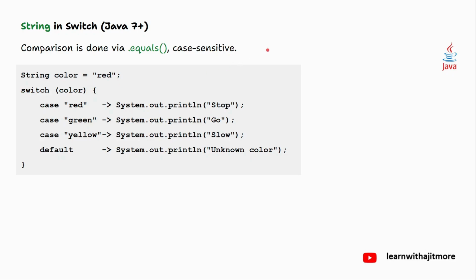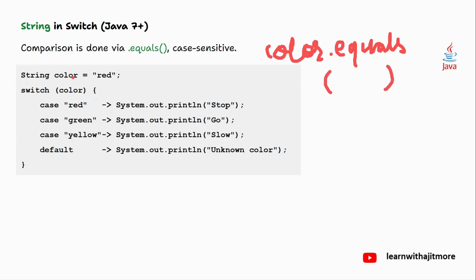It is matching color dot internally. Yeah? Internally, it is doing like this. Color dot equals. Color is a string object. We have to learn one separate topic on string buffer, string builder. Okay, a separate topic will come. Don't worry. So color dot equals, and then it will keep matching that color object.